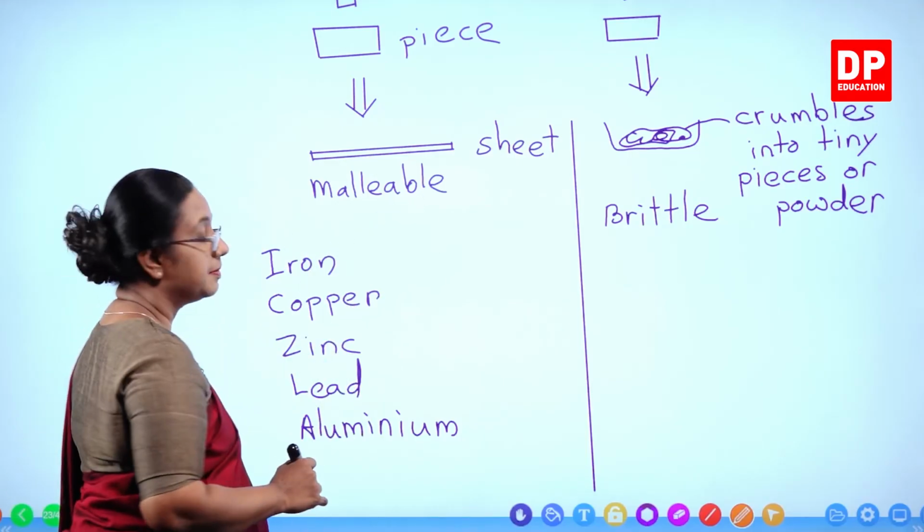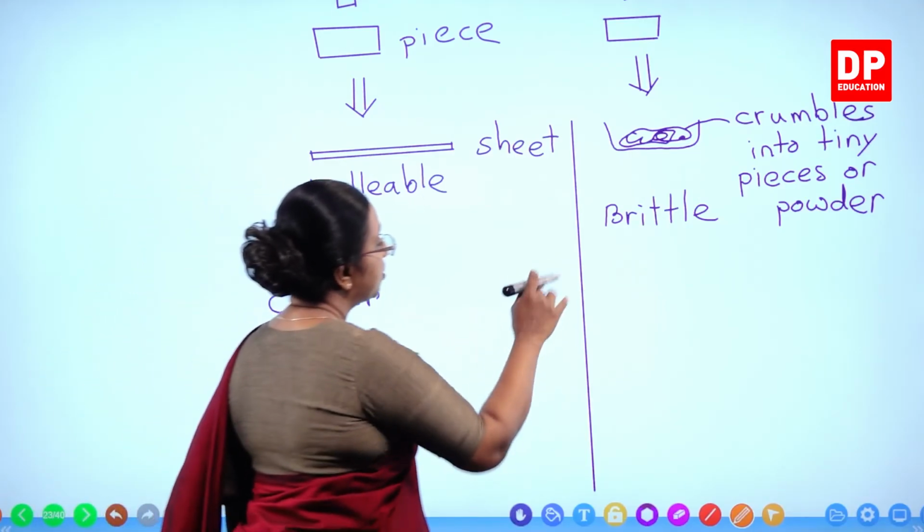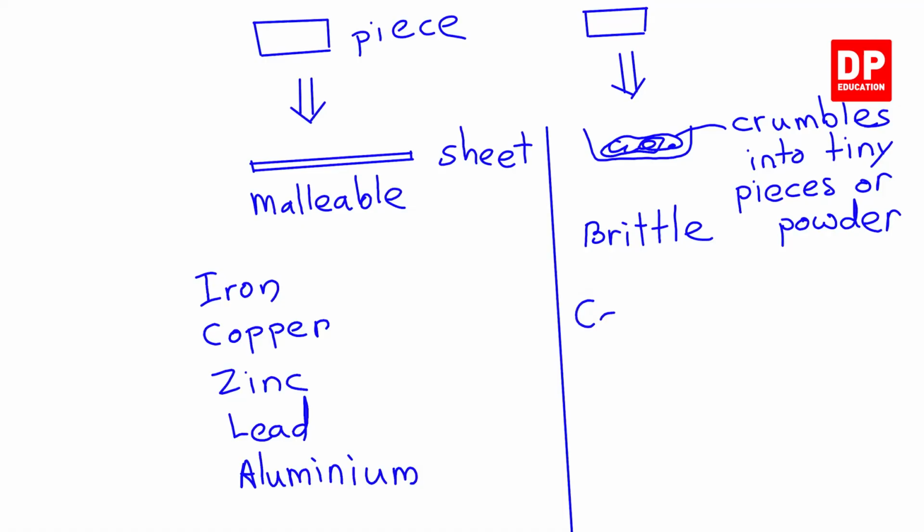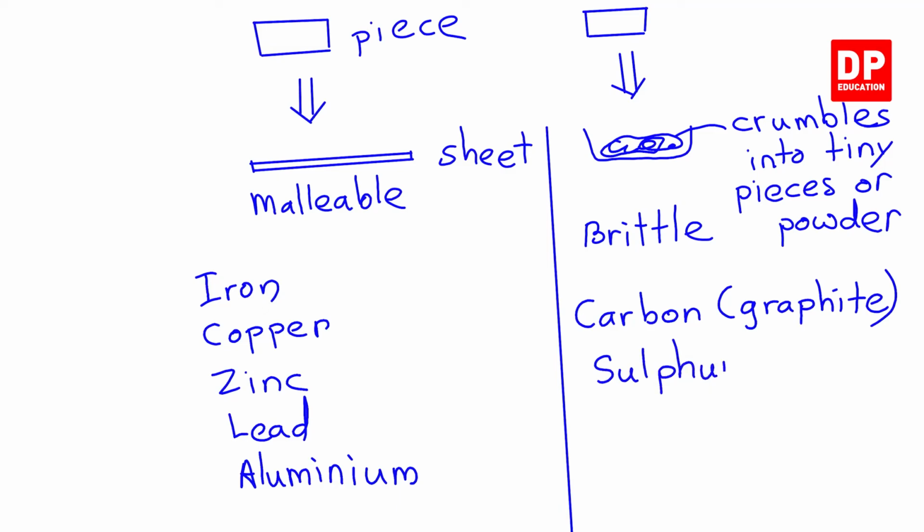All these are malleable. Whereas on this side, you will get carbon, that is graphite, and sulfur.